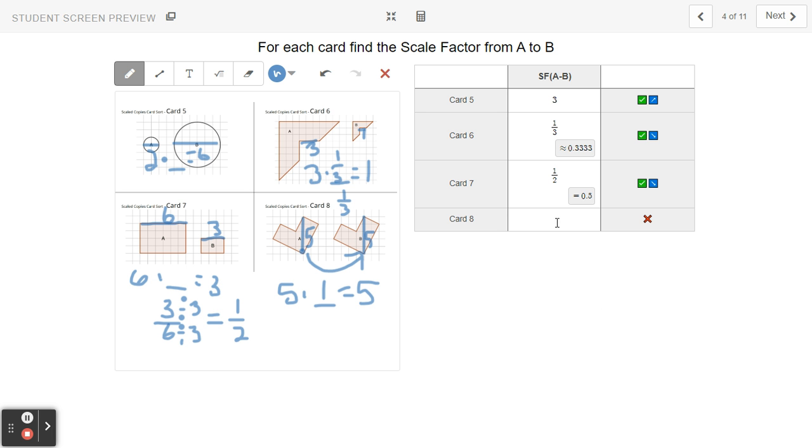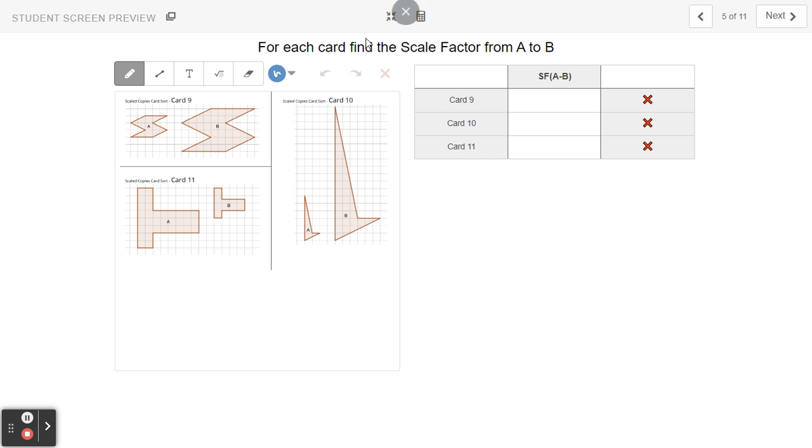Nothing's actually changing. So our scale factor is 1. Okay, so next, we've got 3 more cards to go, and then we're going to analyze all of the results to see if we can make any conclusions. So again, find the scale factor for these 3 cards.